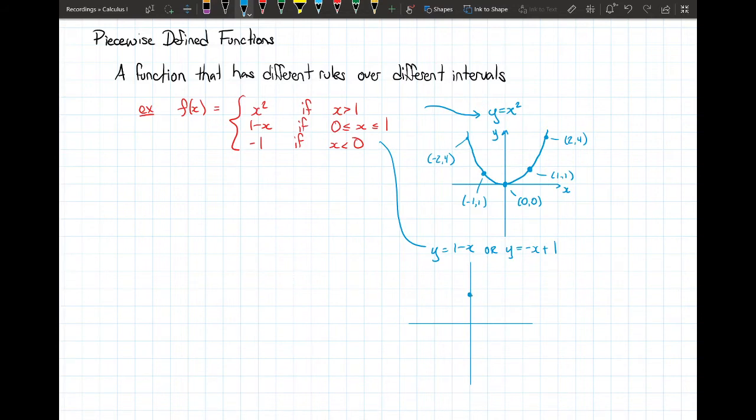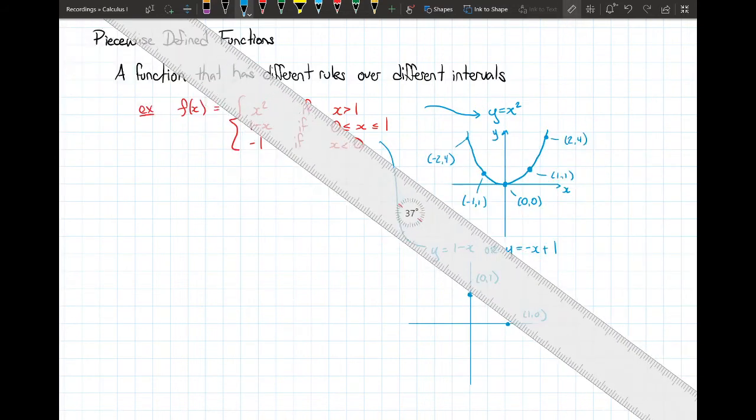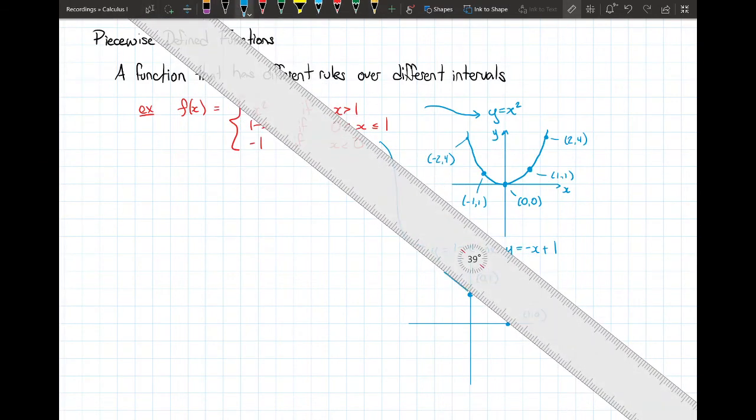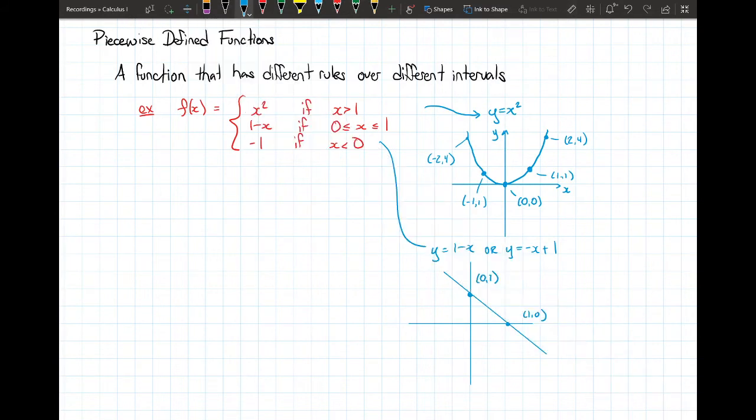So we'll go through the point 0, 1 being the y-intercept, and because it's going over 1 and down 1, it's going to go through another point over here, 1, 0. So it might be good just to go and get yourself a ruler, try your best to draw a line through those 2 points, and you can see we've got a downward sloping line.